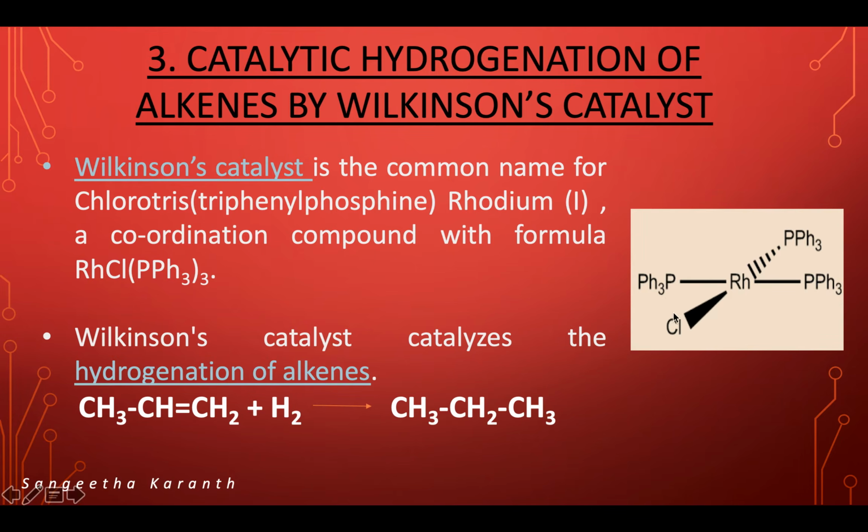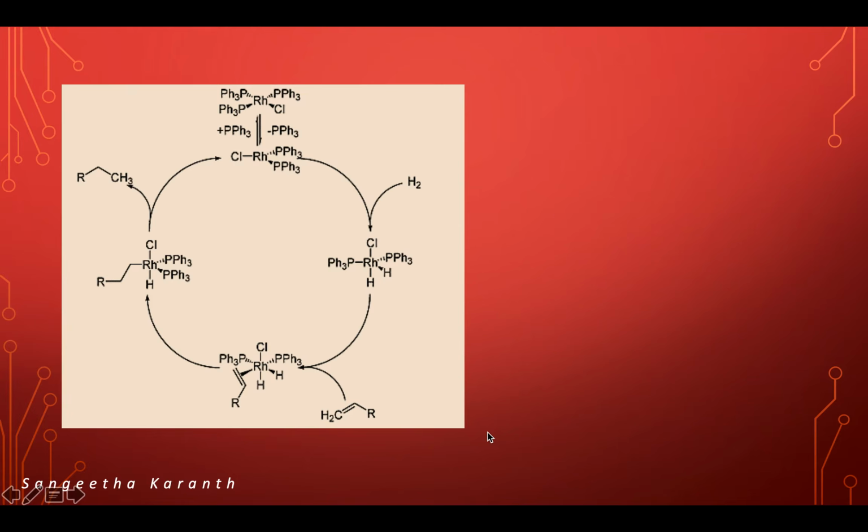This catalyst is mainly used to catalyze this reaction of hydrogenation of alkenes to alkanes. This is the catalytic cycle, showing how Wilkinson's catalyst catalyzes the hydrogenation of alkenes to get the final product as the alkane.